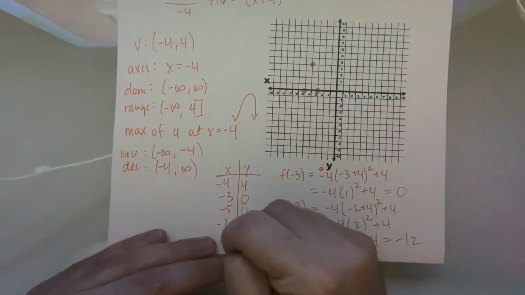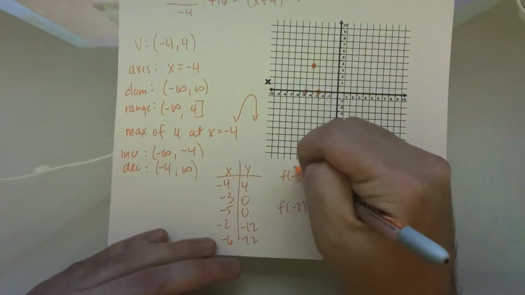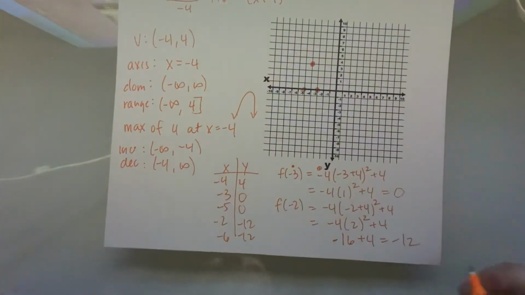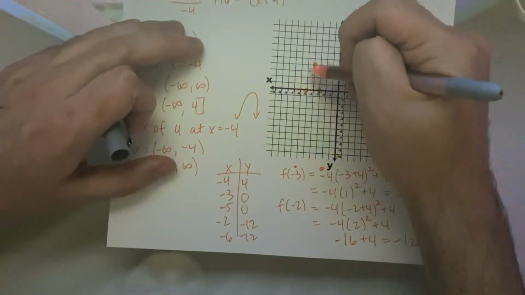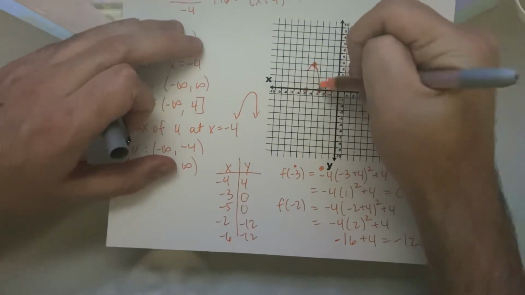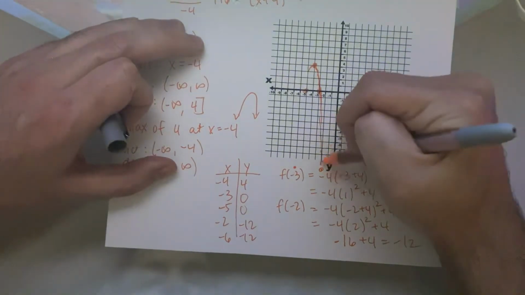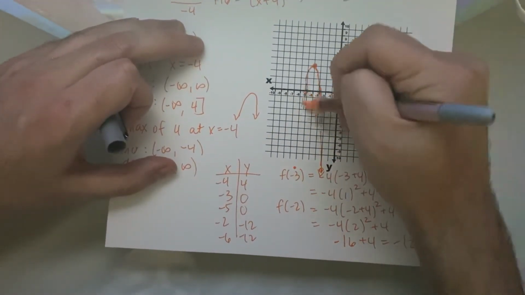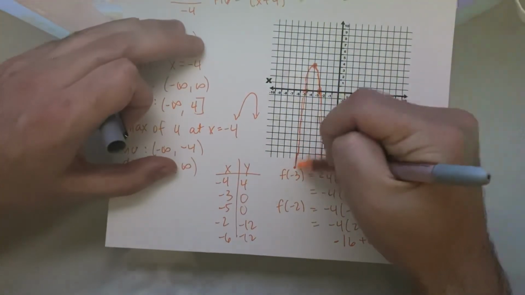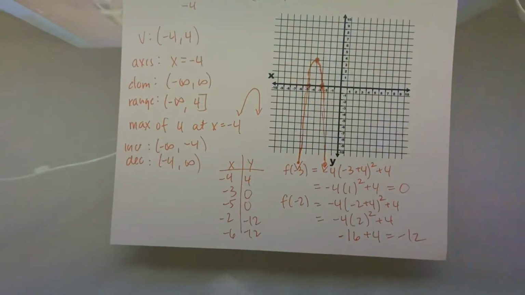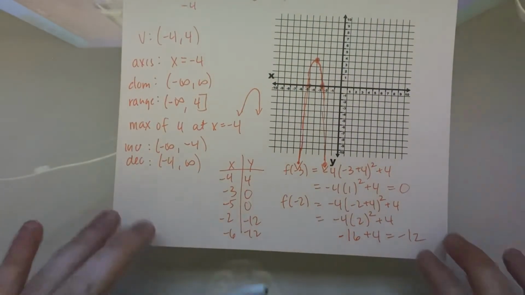That means we also have negative 6 and negative 12. Because of the negative 4, it's a big stretch, which is why this parabola looks so stretched. Goes all the way down. Put your arrow on both sides. And that's the graph.